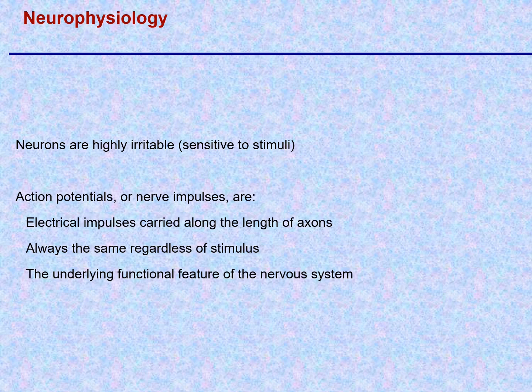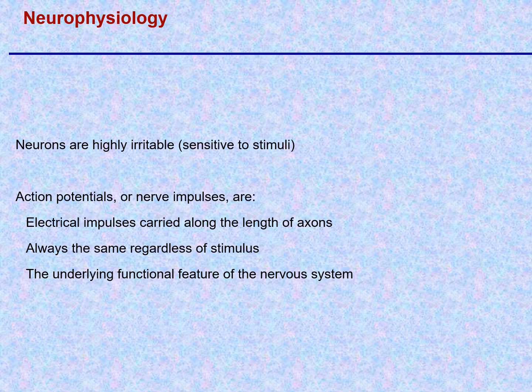These action potentials or impulses that neurons can generate are always, when triggered, the same in size and nature, regardless of the stimulus. They are an underlying characteristic feature of the nervous system as a whole.